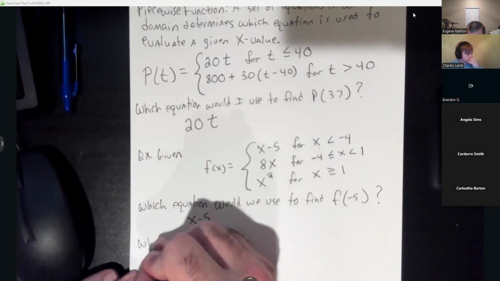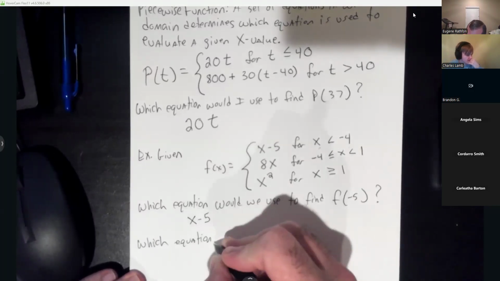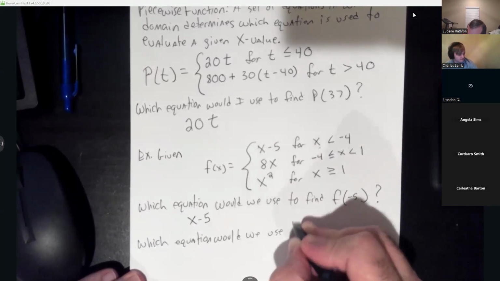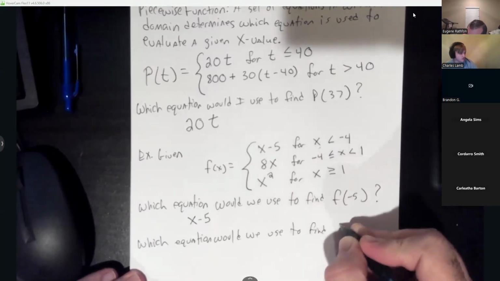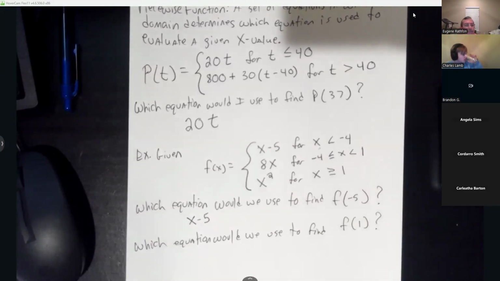So how about this? Which equation would we use to find f of 1? First, second, or third?